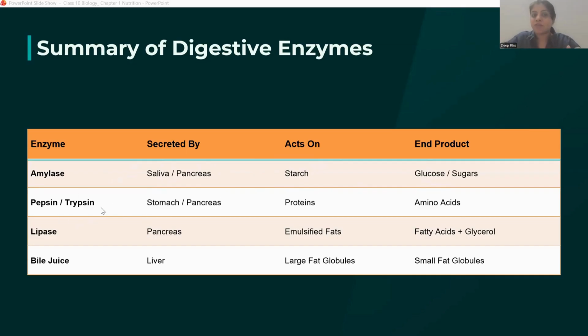Pepsin and trypsin, pepsin from the stomach and trypsin from the pancreatic juice, act on the protein to convert it into a simpler absorbable form, which is amino acids. Lipase, a secretion from the pancreatic juice, works on the emulsified fat. So the final end products are fatty acid and glycerol. Bile juice secreted by the liver converts large fat globules into small fat globules.